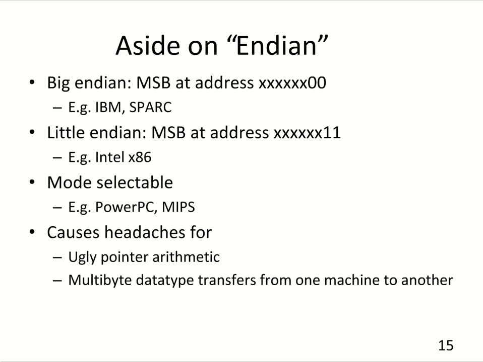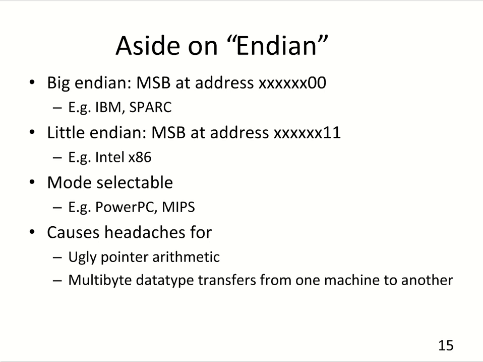Obviously, you could store them in any order, but what's typically done is what's either called big endian or little endian. And with a big endian approach, the most significant byte is stored at the address where the byte address ends in 00. Conversely, for little endian, the most significant byte is stored at the address that ends in 11.